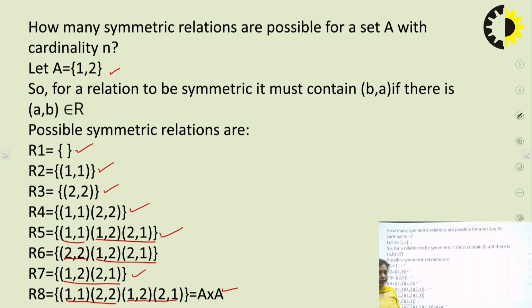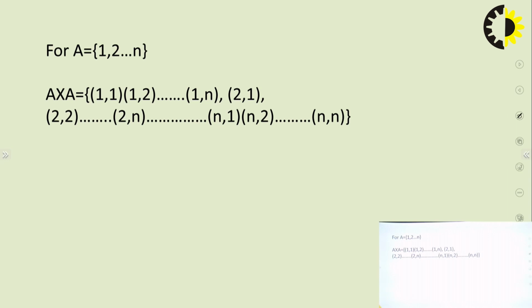So now let's see if my set A has the cardinality n, or contains n elements, how many symmetric relations are possible. So now my set A has n elements 1, 2 up to n. If I calculate its A cross A, it is going to be (1, 1), (1, 2), and it will contain all the elements up to (n, n).